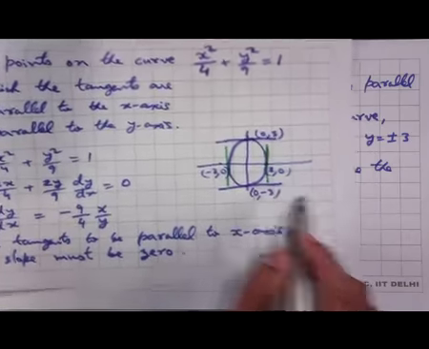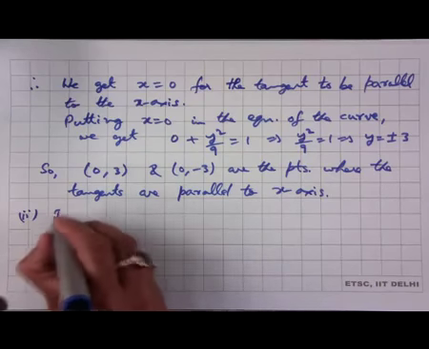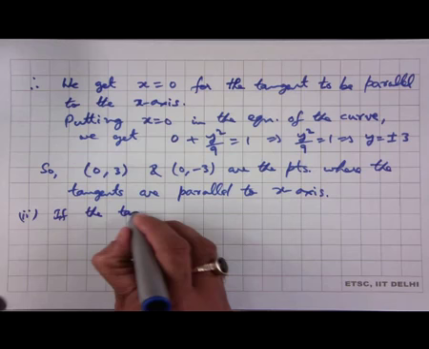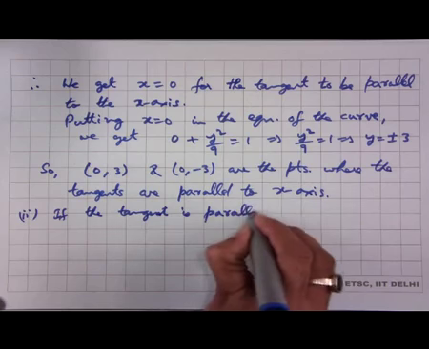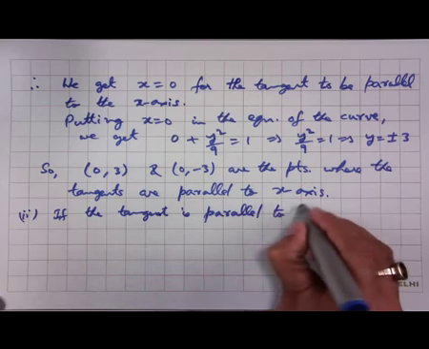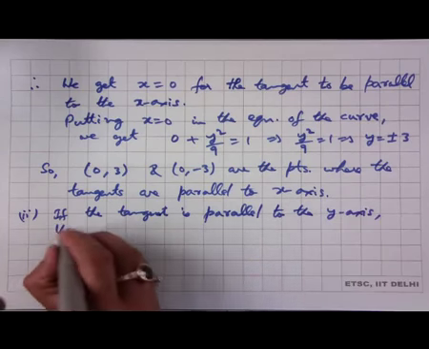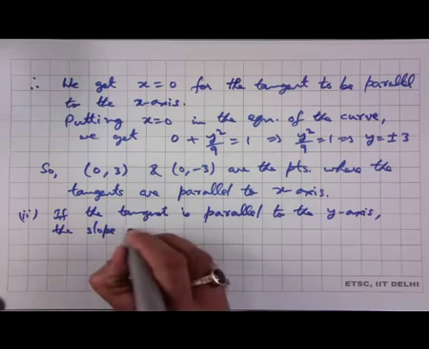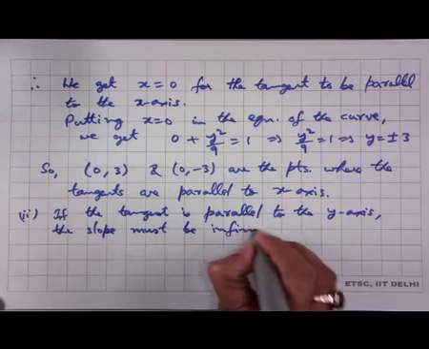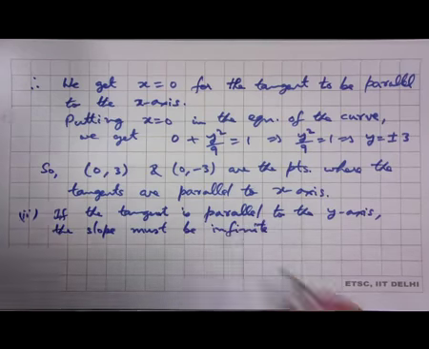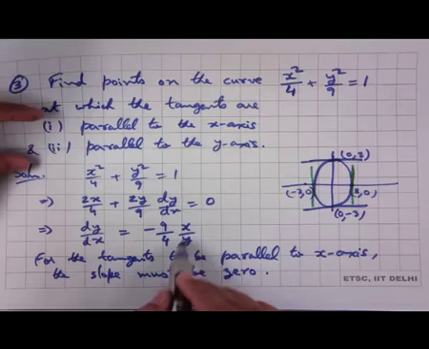So, 0 comma 3 and 0 minus 3 are the points where tangents are parallel to the x axis. Now, for the second part, if the tangent is parallel to the y axis, the slope must be infinite. So, if we look at this dy dx is equal to minus 9 by 4 x by y, we must have y equal to 0.